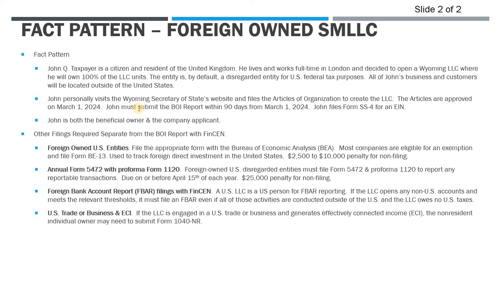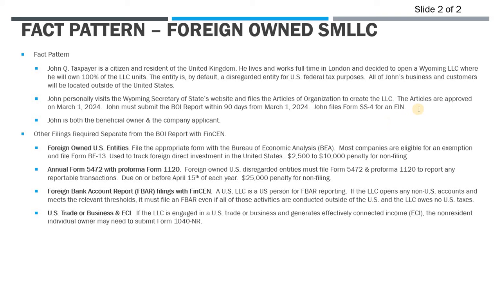Now, John is the one that personally visits the Wyoming website, and he files the articles of organization to create the LLC. The articles are approved on March 1, so John has to submit his BOI report within 90 days from March 1. John also files an SS4 to get an EIN for the company. And that's important.